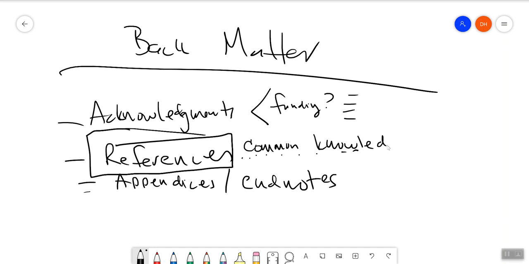Now, I don't know how much you all discussed what's called common knowledge in some of your other writing classes. But if you are citing something that a reasonably intelligent person should know, it's just considered common knowledge and you don't have to cite it. For science papers, though, a lot of what you're citing is probably uncommon knowledge, right?